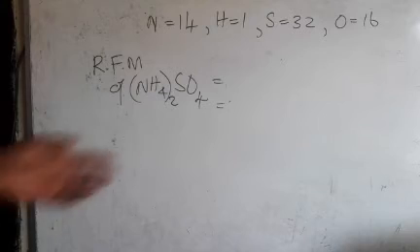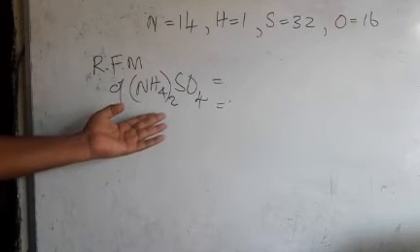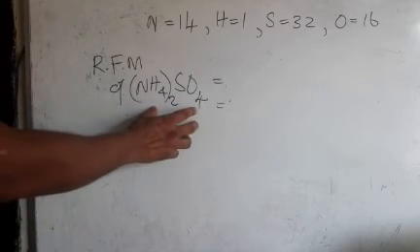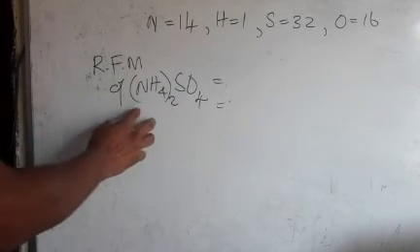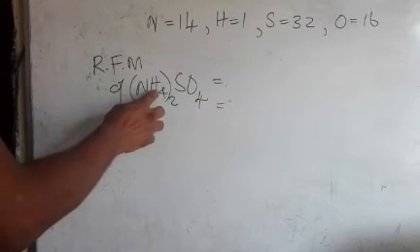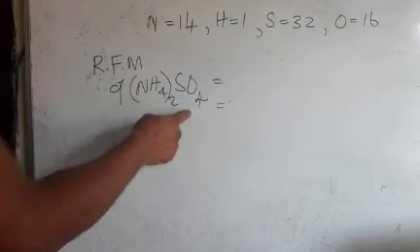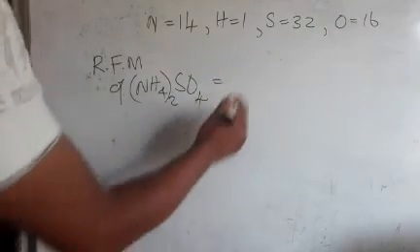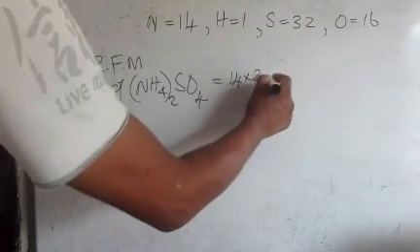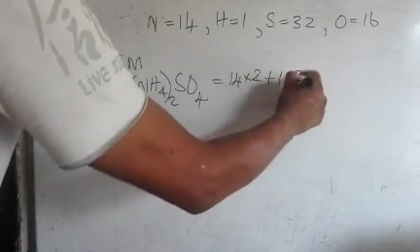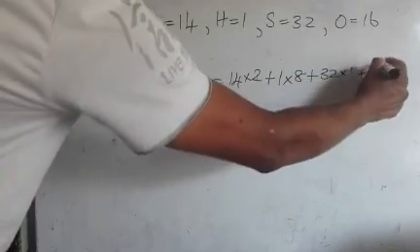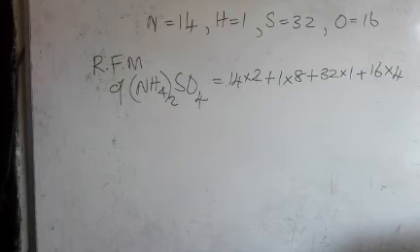The last one is ammonium sulfate, an ionic compound. To find the relative formula mass of ammonium sulfate, look at the formula: 2 nitrogen atoms, 8 hydrogen atoms, 1 sulfur atom, and 4 oxygen atoms. So you can write 14 into 2 plus 1 into 8 plus 32 into 1 plus 16 into 4.